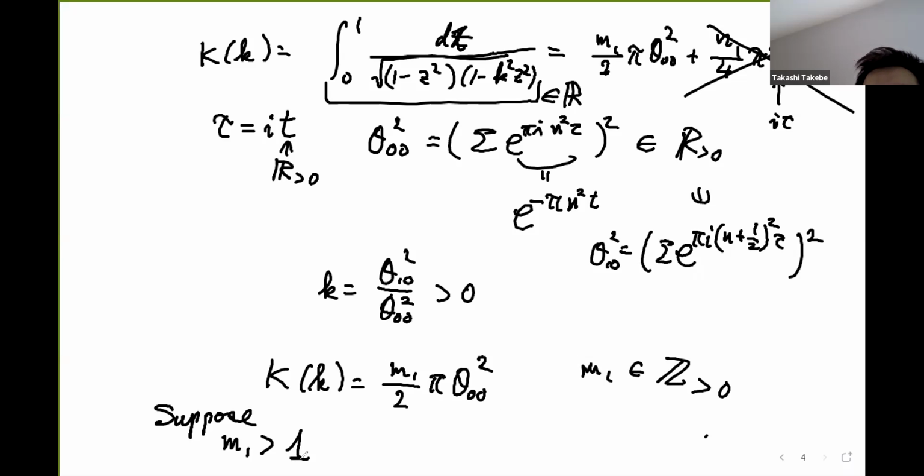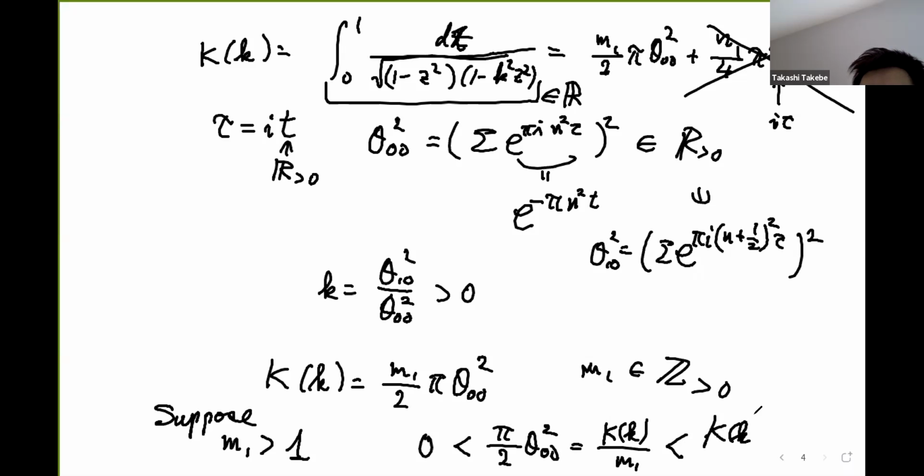But if it is larger than 1, then we have such an inequality.